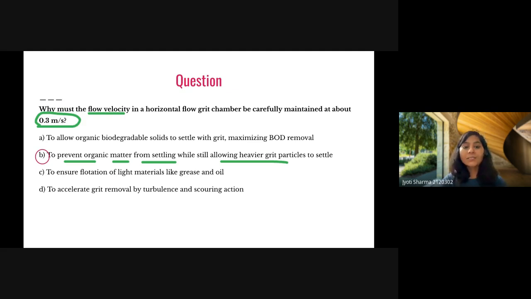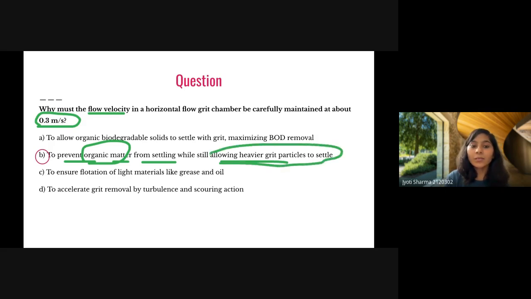Whenever we have secondary treatment, in that secondary treatment we will degrade that organic matter. So this is not the right time where we need to remove this organic matter, but we want to allow this heavier grit particle to settle. So that's why we have very low velocity.